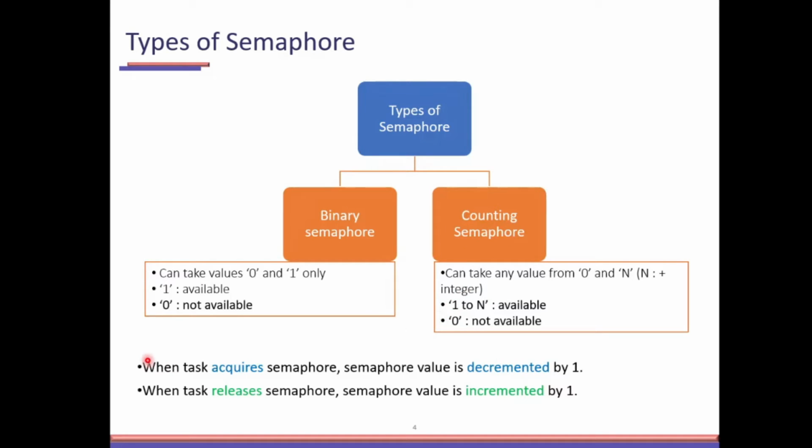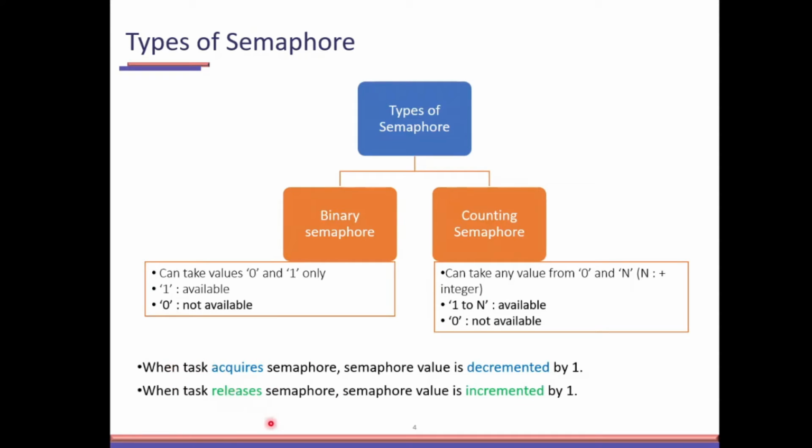What happens when a semaphore is acquired or released by some task? A semaphore can be acquired only when its value is 1. When any task acquires the semaphore, the value is decremented by 1. After acquiring, the value becomes 0, so it will be unavailable to other tasks.